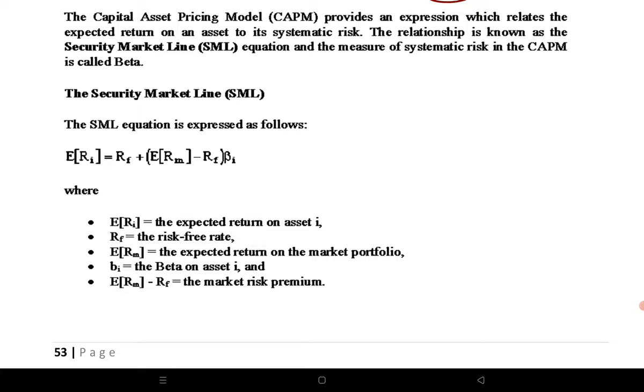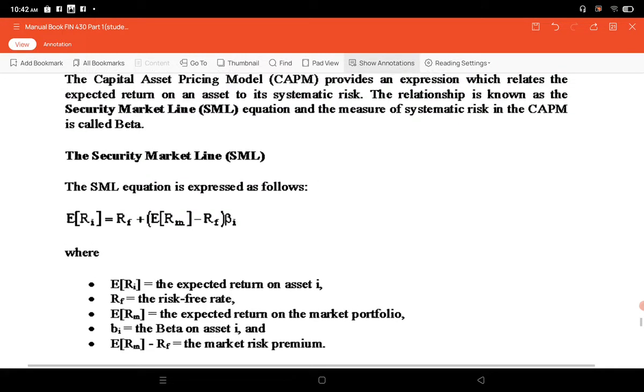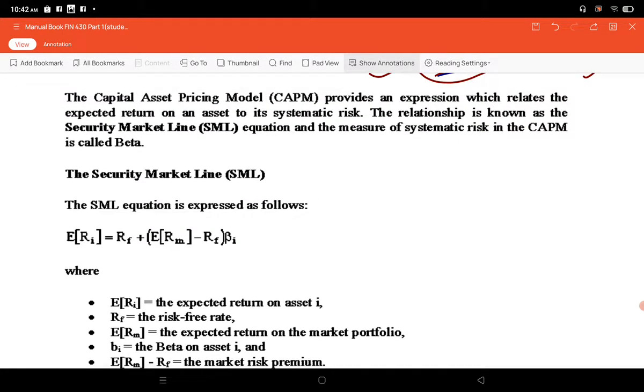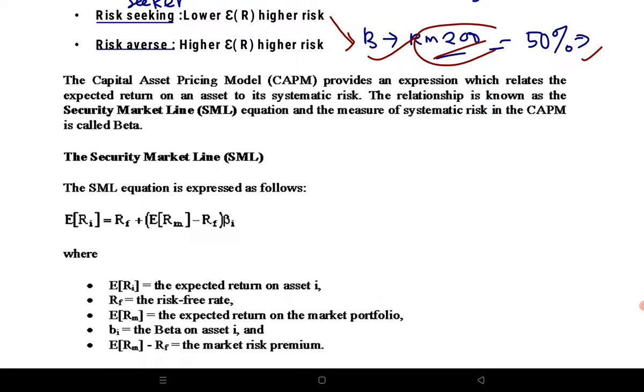The SML equation: the expected return, RI, equals the risk-free rate, RF, plus the expected market return, RM, the market portfolio return, minus the risk-free rate, times the beta on the asset. Beta is usually also given in the question. It has already been calculated, and you have to calculate according to the SML equation.